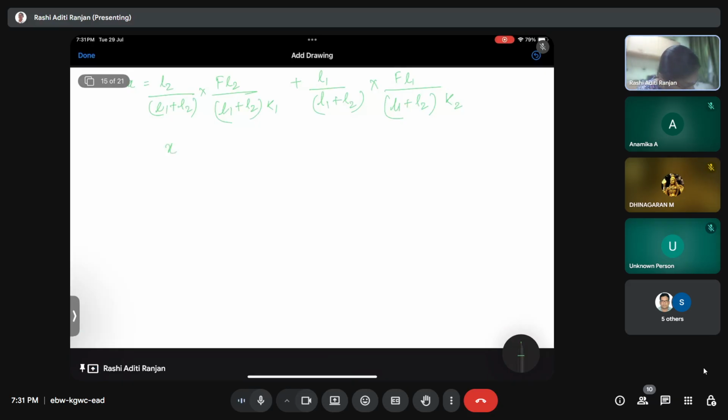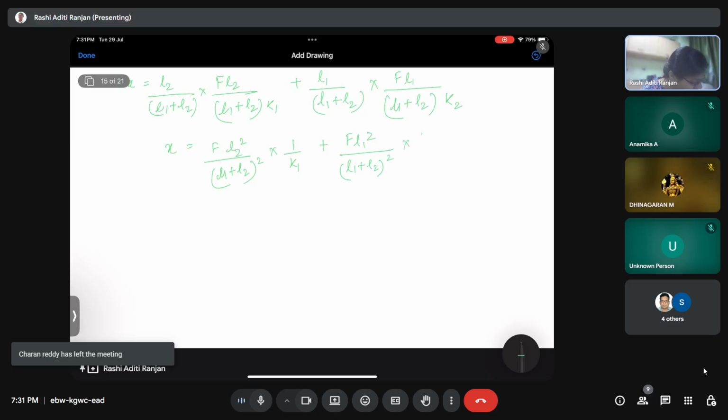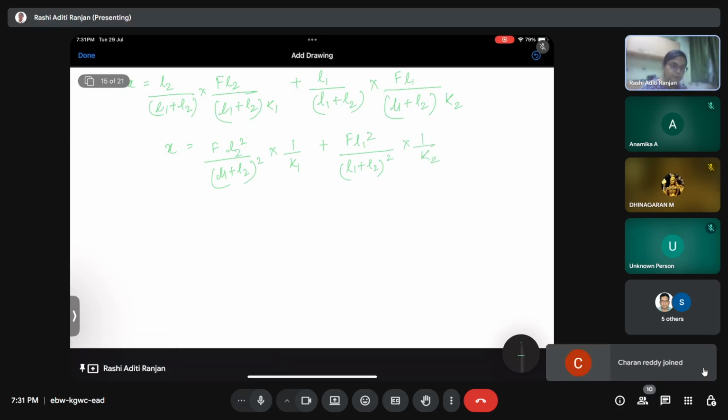So this will give us x is equal to F L2 square by (L1 plus L2) whole square into 1 by K1 plus F L1 square by (L1 plus L2) whole square into 1 by K2.